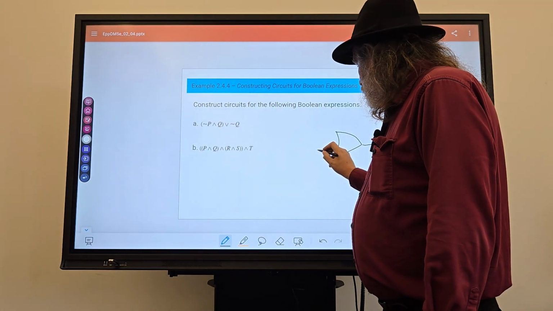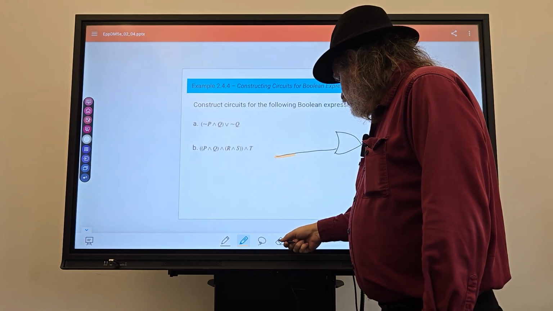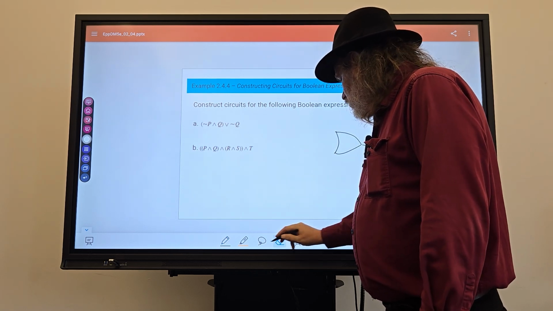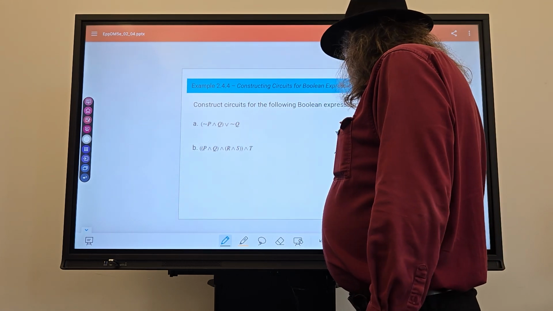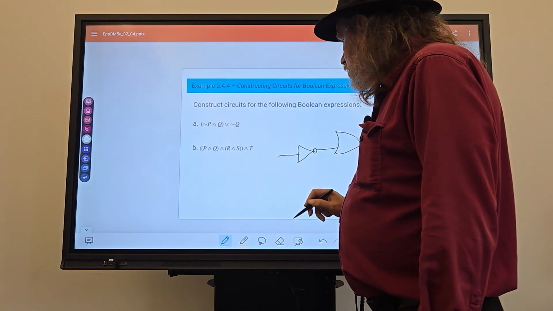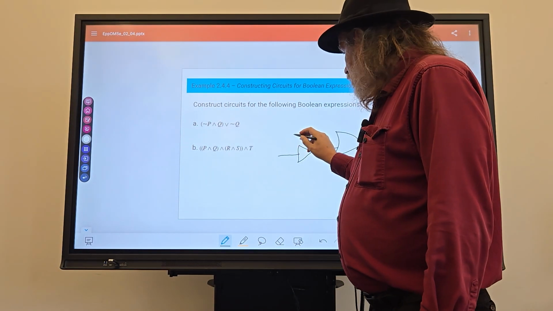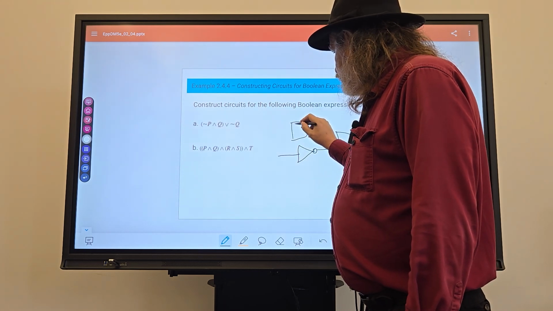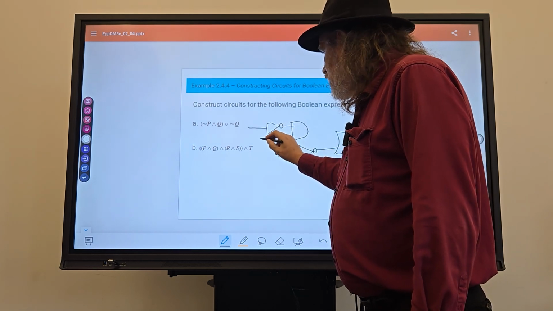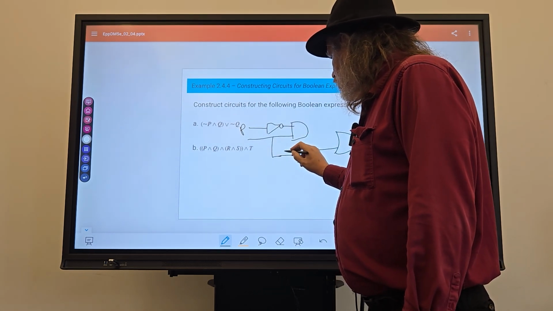You invert the Q. So you draw an inverter for the Q input, and then the other input for the OR gate is an AND gate with an inverter for P and Q here, and this ties to Q as well.